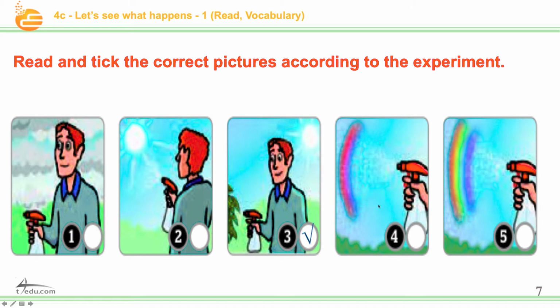What about this one? Is it a rainbow here? Of course, no. And number 5, of course, this one is a rainbow. Okay, so number 3 and number 5, according to the experiment, are correct.